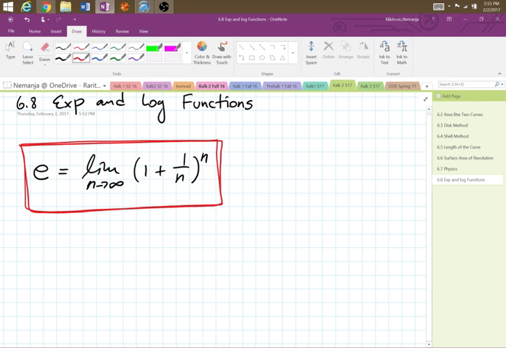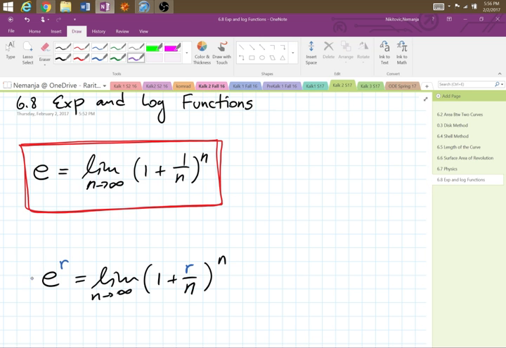Now I'm going to write a modification of this so that we don't get issues later on. And this modification is that e to the r is equal to the limit as n goes to infinity of 1 plus, oh sorry, not 1, r over n, to the n.